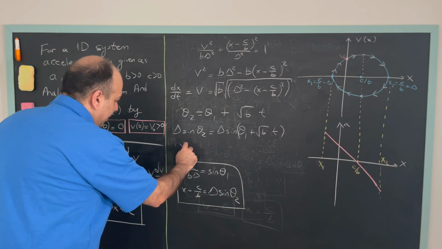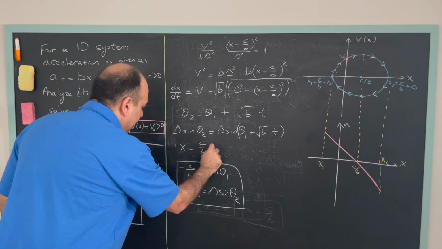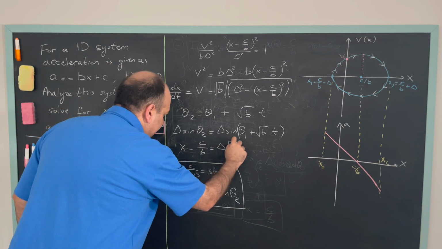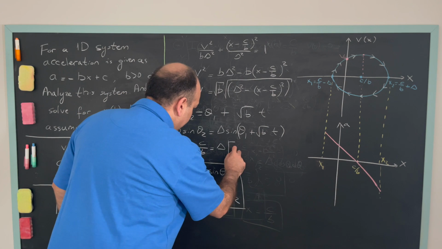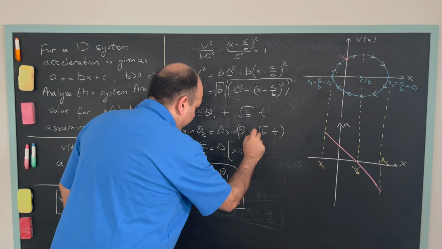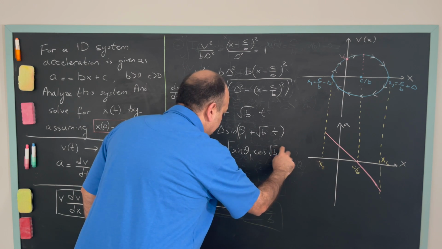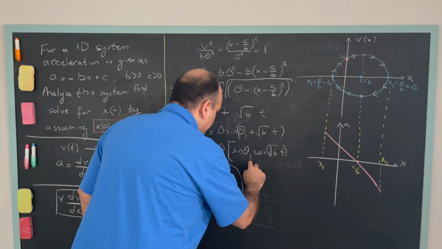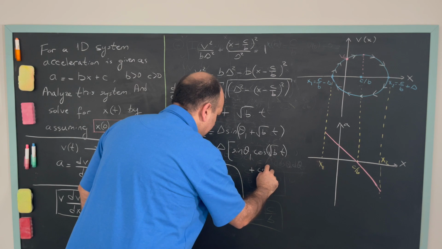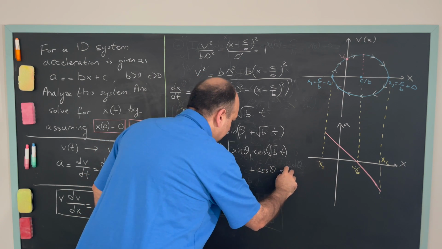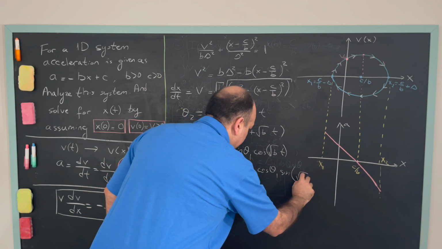So I can simply write here x minus c over b is equal to delta, parentheses, sine theta 1 cosine of square root of b times t, then plus cosine theta 1 sine of square root of b times t.